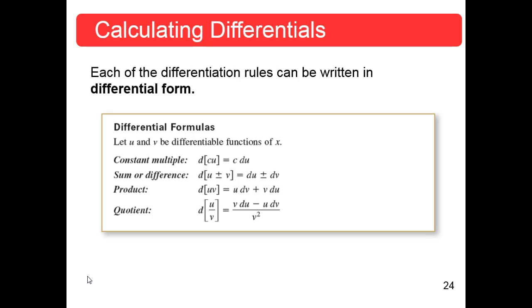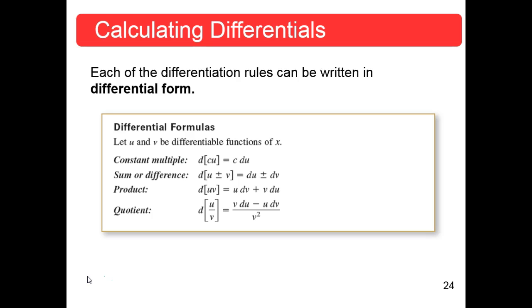And the sum or difference: d of u plus or minus v is going to be du plus or minus dv. Before, we usually had a dx in there. d of cu dx would be c times du dx. That's how we would have said it before.